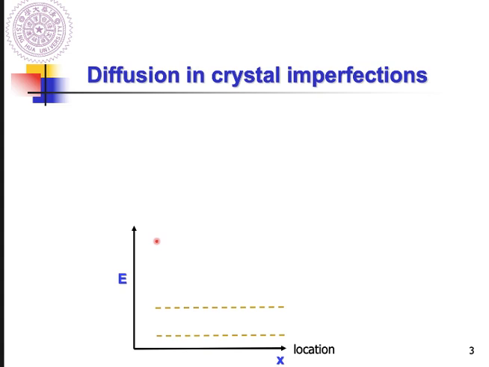So let's start here: diffusion in crystal imperfections. Probably some people will ask, oh, you already learned this from the previous part.